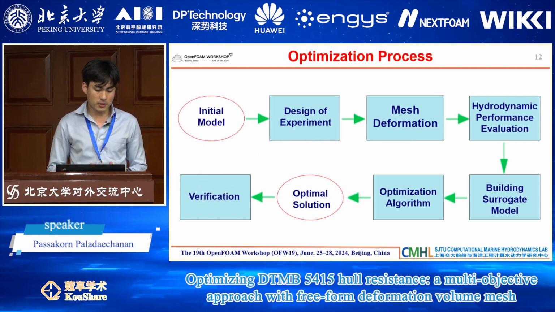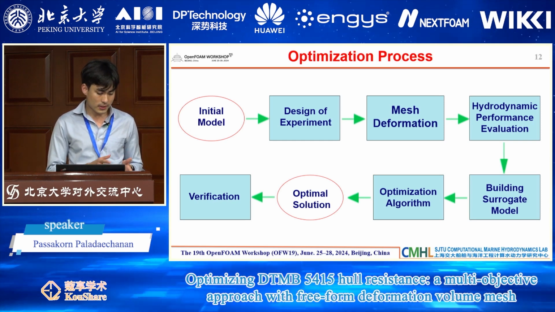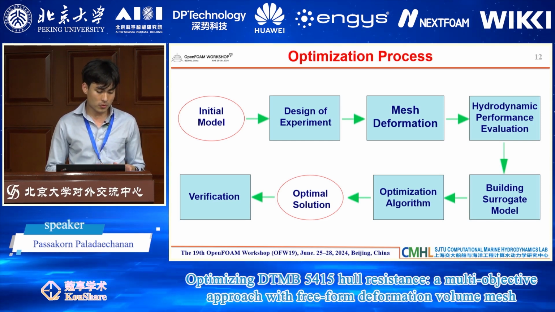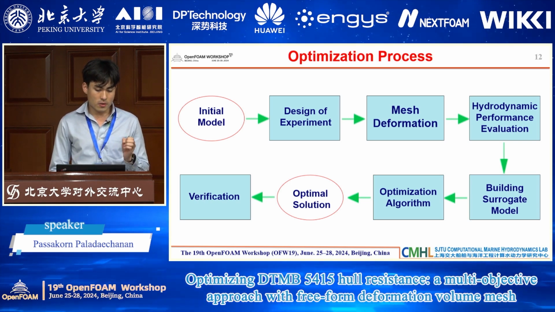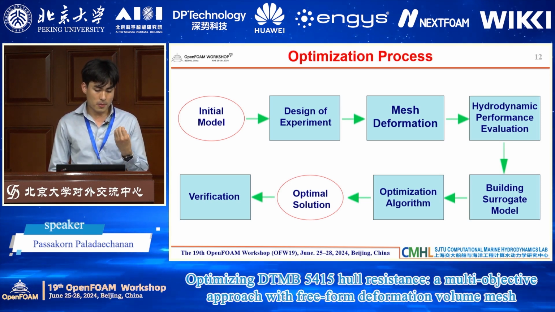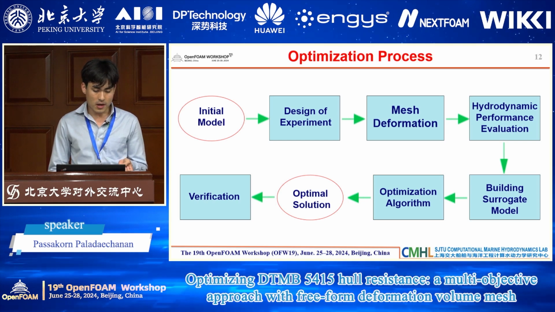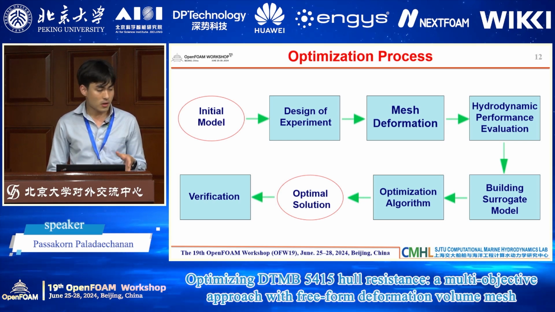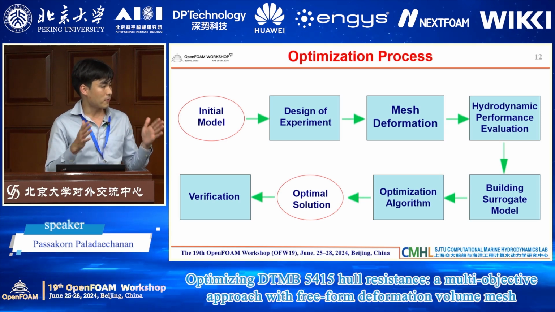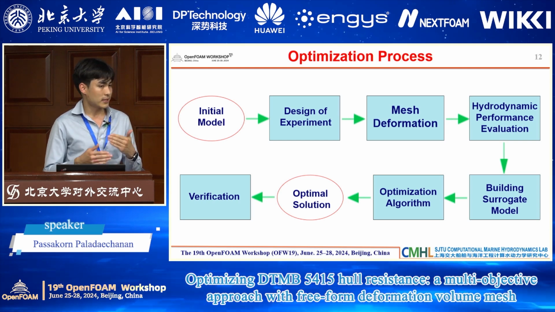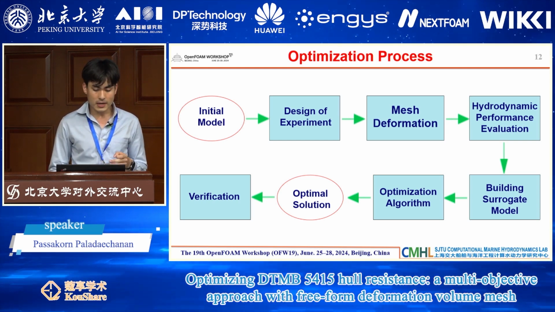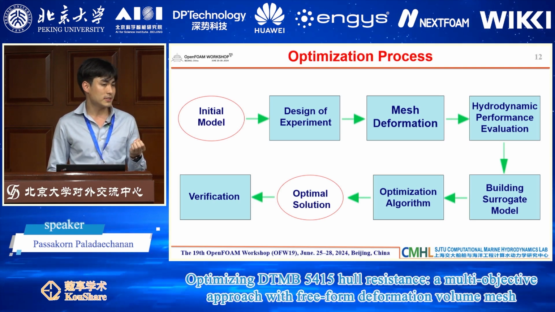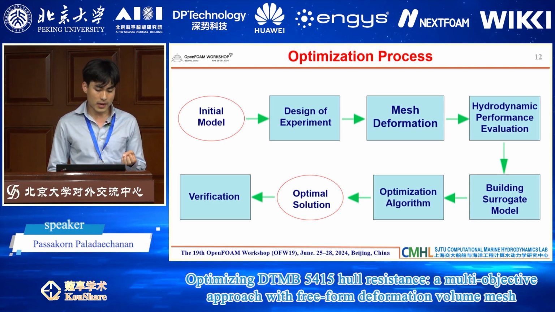We distribute the design variables into the plan, and after that we generate the mesh deformation. After we get all of the mesh deformations, we predict the hydrodynamic performance in this study. We use resistance as the hydrodynamic performance.